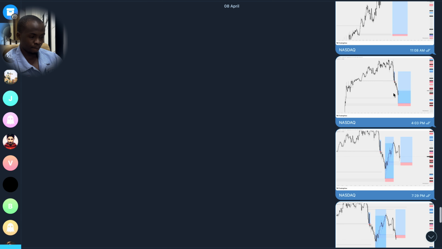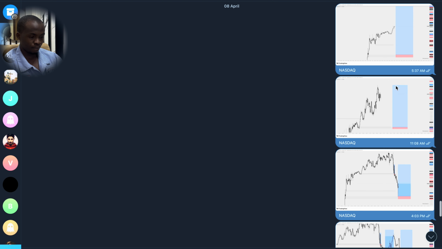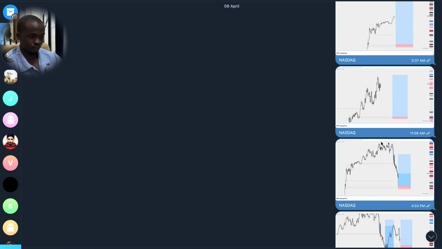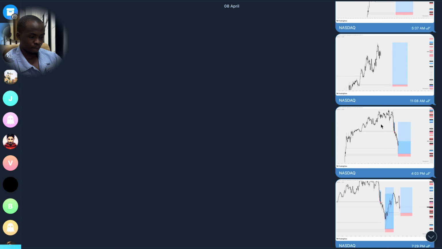Then price came, tapped. So price respected the two levels. Price tapped into the first one, did about 1 to 10 R, came down to the second one. Then the second one actually hit the full target. But unfortunately, I was unable to take it because I thought price would not come back to that level again.